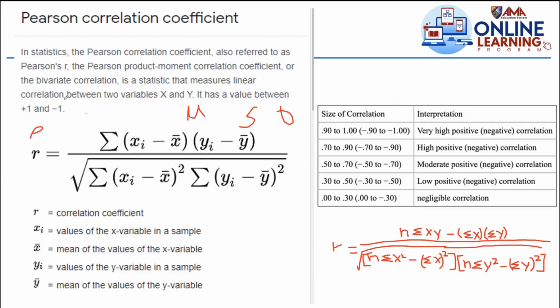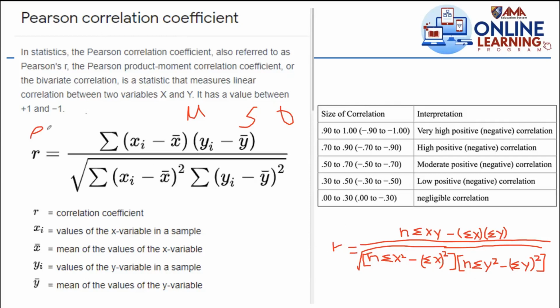Just be aware whether you have a sample or a population. It's possible that your data is a population, but since sometimes the issue is the budget or the time, you get a sample from the population. So if it's a sample, use this formula to get your coefficient of correlation, or the Pearson correlation coefficient.